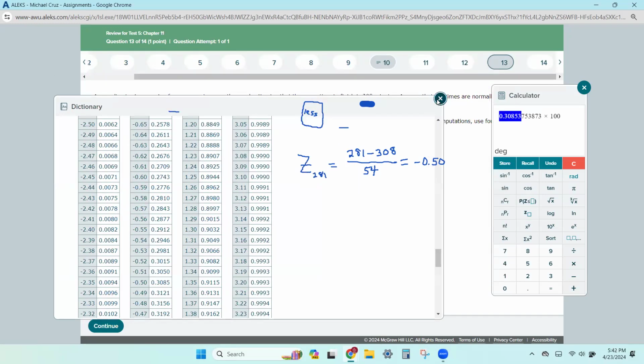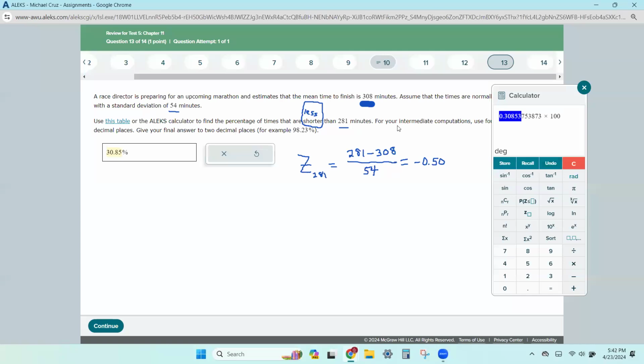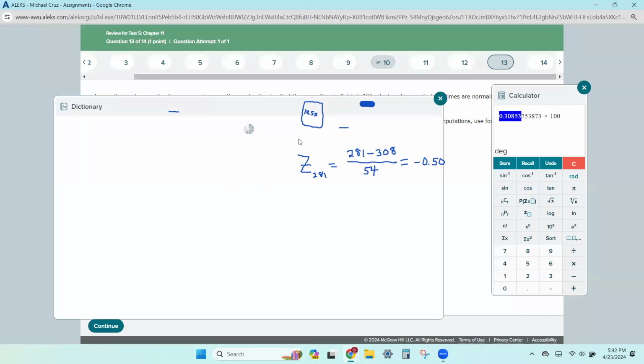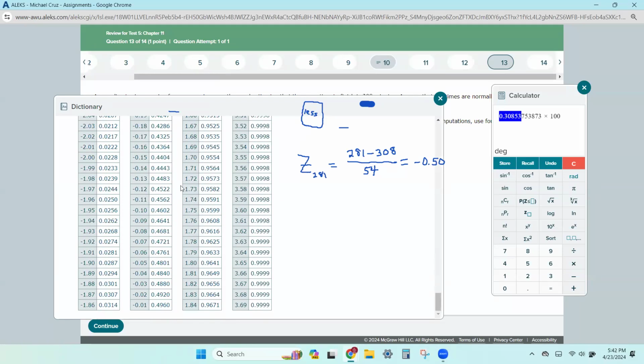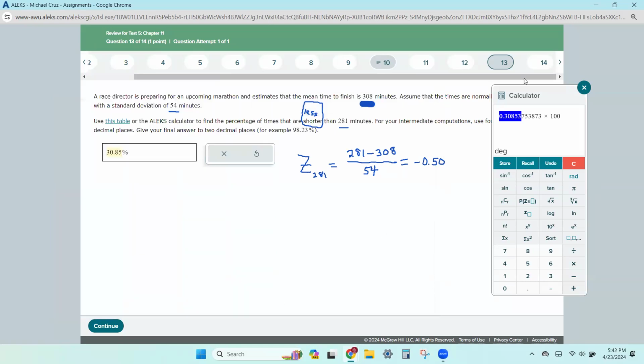All right. So we're multiplying it by 100 because the calculator and the table give us the decimal value. Okay. The decimal value. See how as it gets higher and higher, it gets closer to 1. Everything underneath the curve is 1, or multiplying by 100 gives us 100%.